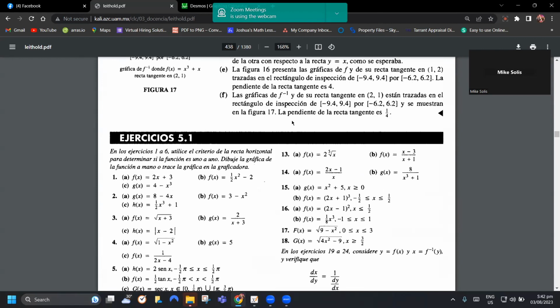Okay, so number 1. So ang pinapagawa lang dito, sketch the graph of the function and then say kung 1-to-1 or not.